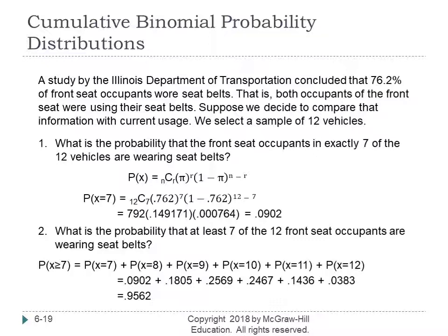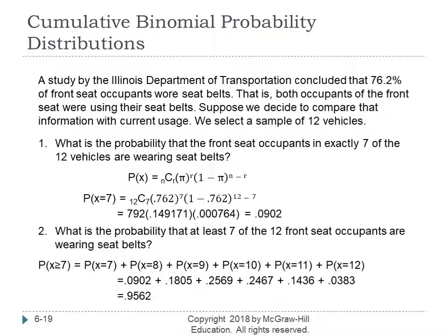That's what at least 7 means, 7 or more. So here you are adding all these probabilities. What we want is the probability of x is greater than or equal to 7. But this is adding all the probabilities for x equals 7 plus x equals 8 up to x equals 12.